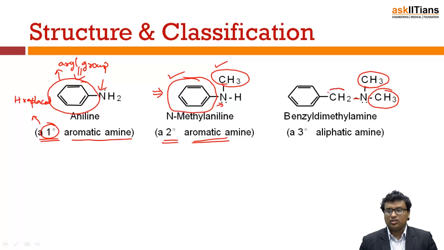Even this is considered an alkyl group, because even though there is an aryl group attached to this carbon, the carbon which is attached to nitrogen is still considered an alkyl group, and that's why it is an aliphatic amine. And why 3 degree? Because there are 3 hydrogens which are replaced.